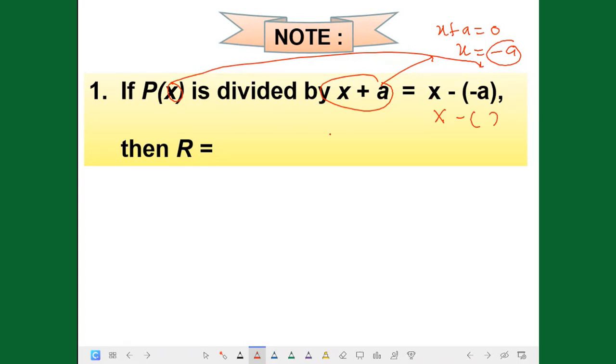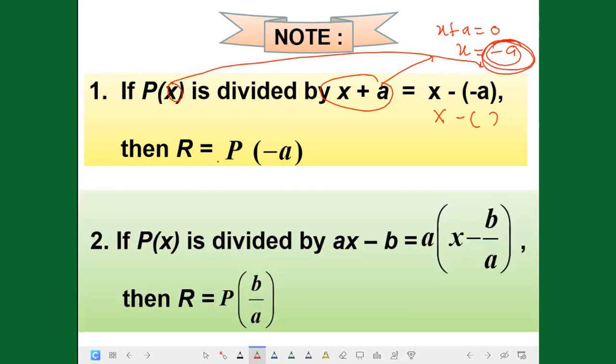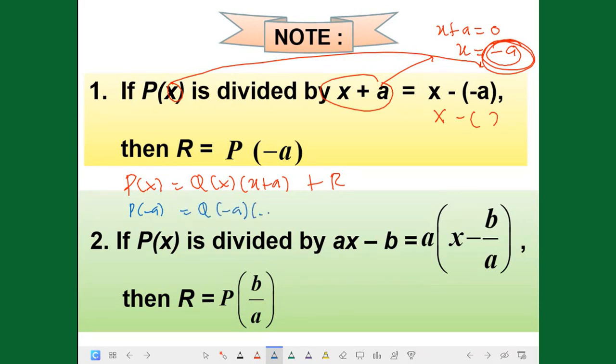So the remainder is obtained by substituting negative a: P(x) equals Q(x) times (x plus a) plus r, and you substitute P(negative a), so x plus a becomes 0. 0 is confirmed 0. Okay, settled.